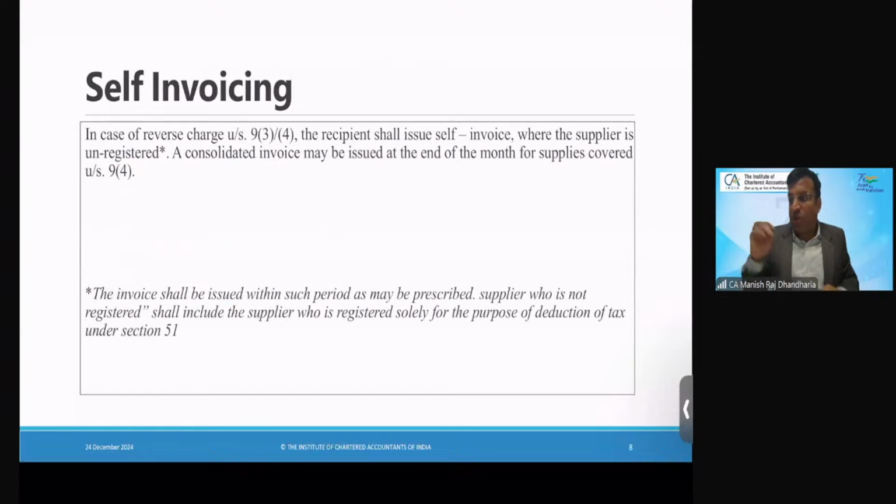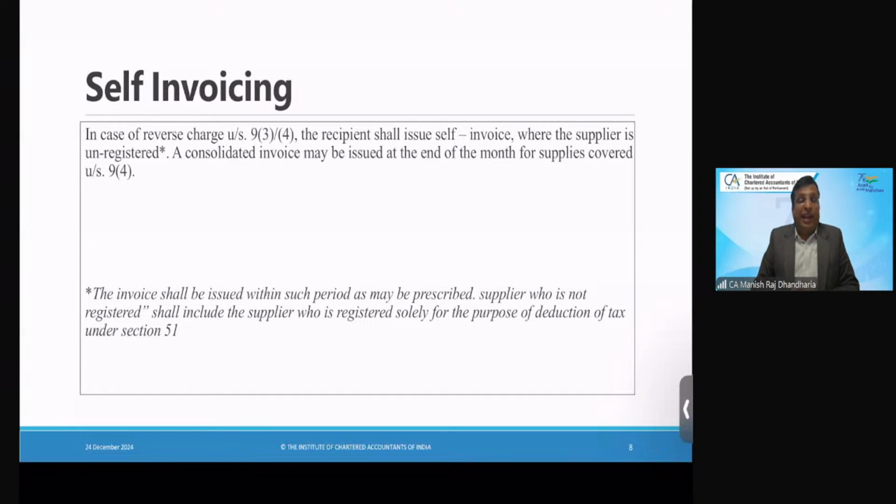Now, there is a concept of self-invoicing. Do you know why tax invoice is important? For one more very important reason, you must have read in section 16 of input tax credit. Without tax invoice, you will not be allowed to take the credit.